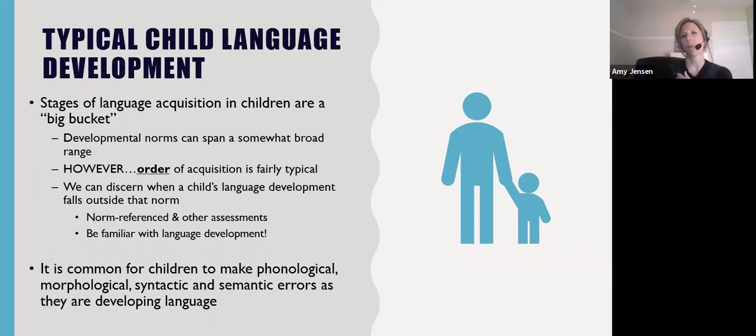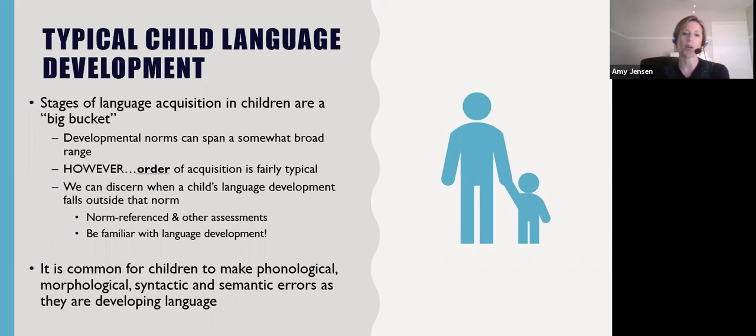Of course it's always context-based, but the point is these developmental norms that we're aware of in children can span a somewhat broad range. But we do know the norms, we know the order of acquisition. And as professionals, it's important for us to know those, to understand the norms associated with each stage.